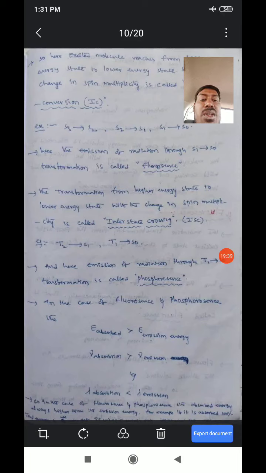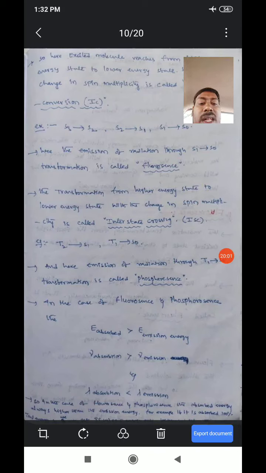The emission of radiation through S1 to S0 transformation is called fluorescence.